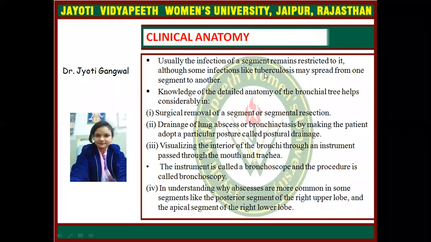And why the clinical anatomy of the lung is important, the last point, is in understanding why abscesses are more common in some segments, like the posterior segment of the right upper lobe and the apical segment of the right lower lobe.